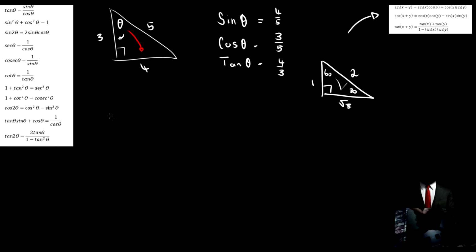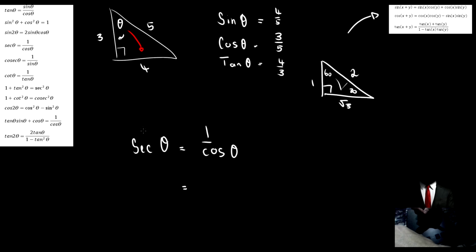The next one tells us secant of theta is equal to 1 over cosine theta. Okay, so secant theta is equal to 1 over cosine theta. By definition, we know that secant is the reciprocal of cosine.